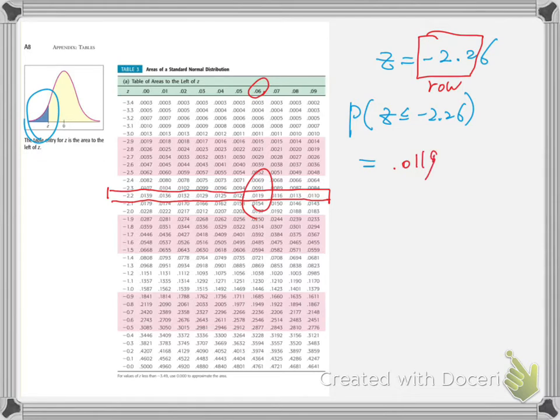The second decimal digit tells you which number in this row. So this is less than. Now what is greater than?